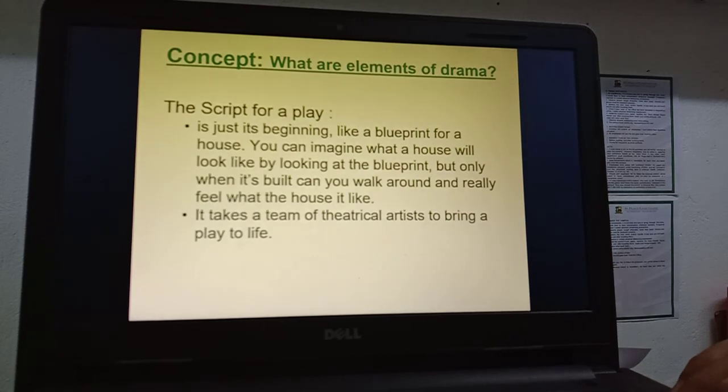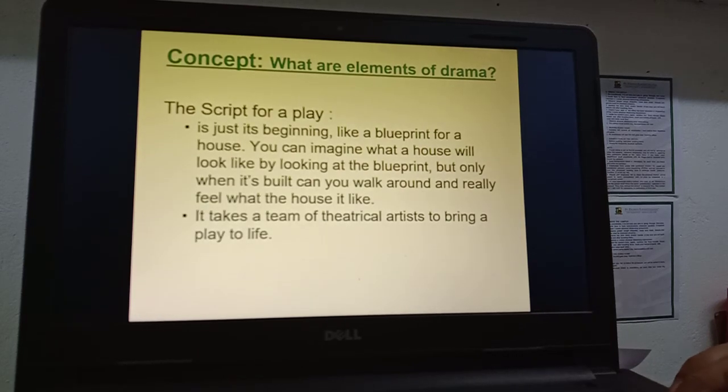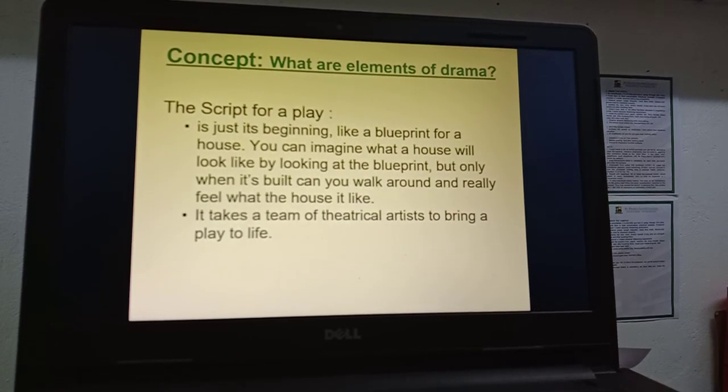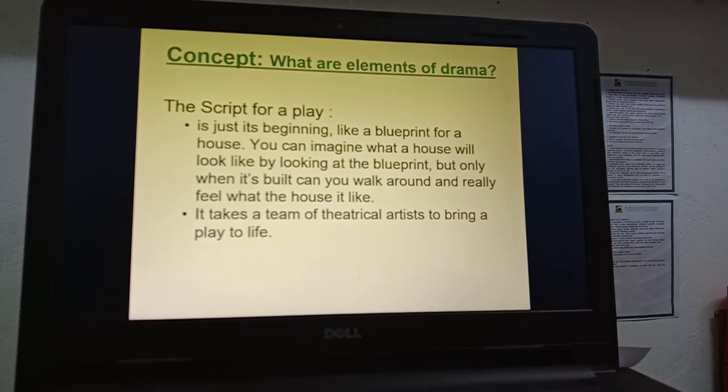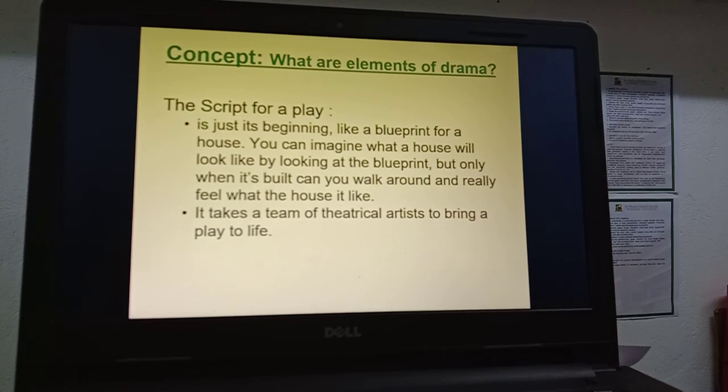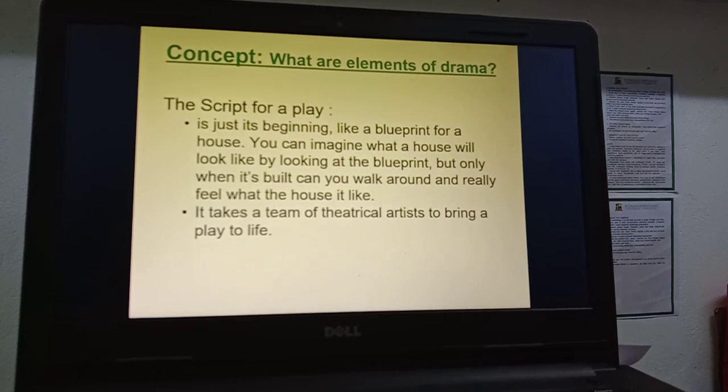The script for a play is just a beginning, like a blueprint of a house. You can imagine what a house will look like by looking at the blueprint, but only when it's built can you walk around and really feel what the house is like. It takes a team of theatrical artists to bring a play to life.